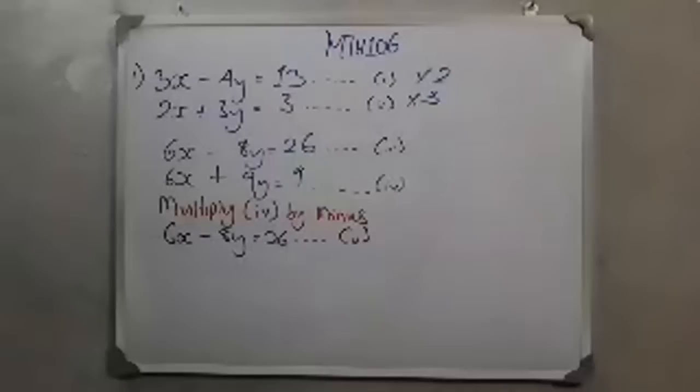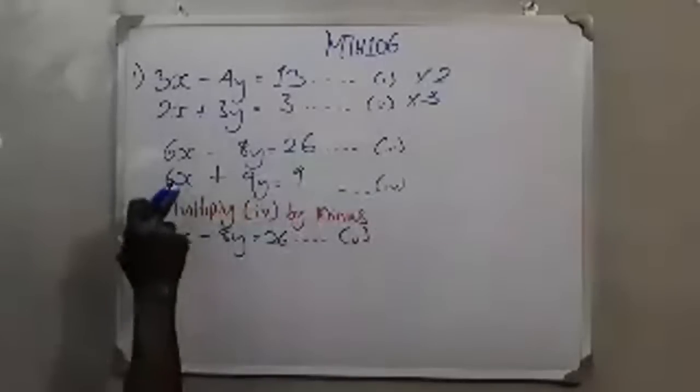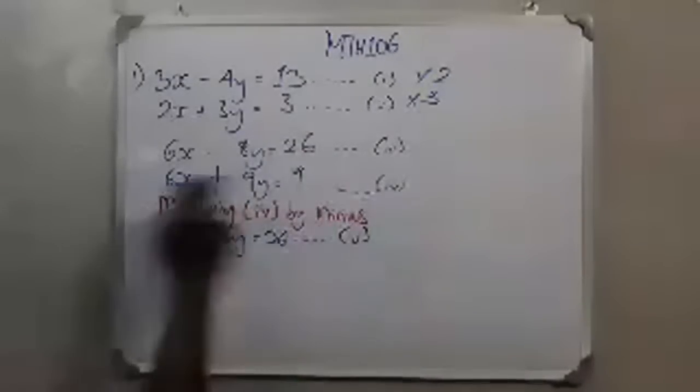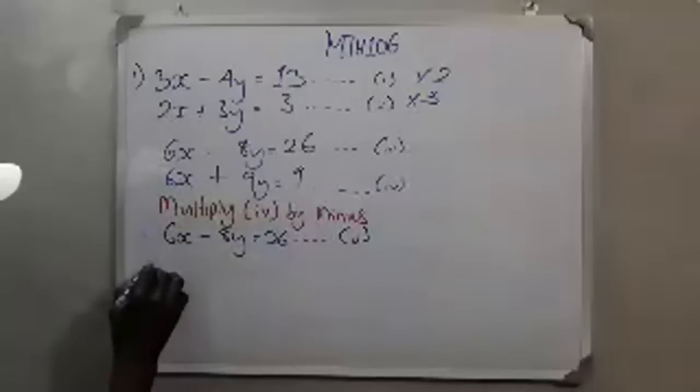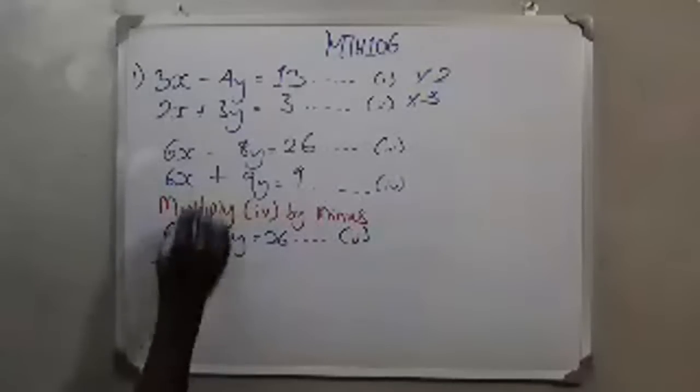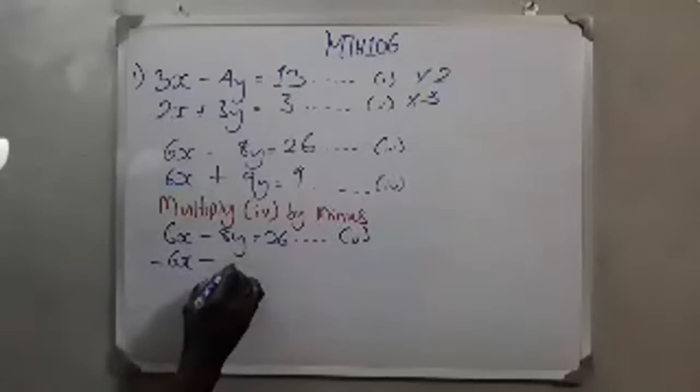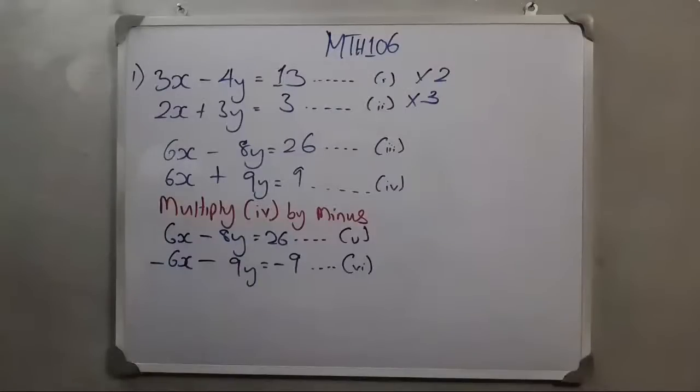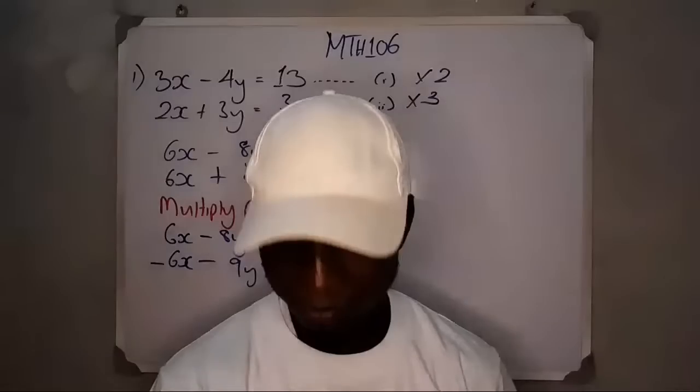Now that we're multiplying equation 4 by minus, this turns to negative 6x. This turns to negative. Do we understand?